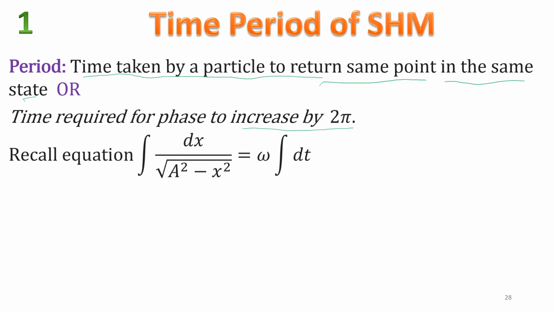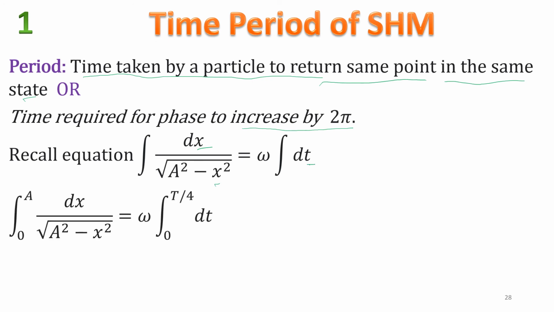So here we recall this equation, a differential equation of first order, where we have separated the variables. So x is on the left hand side, time is only on the right hand side, and we consider amplitude going from position 0 to A, that makes a complete oscillation.